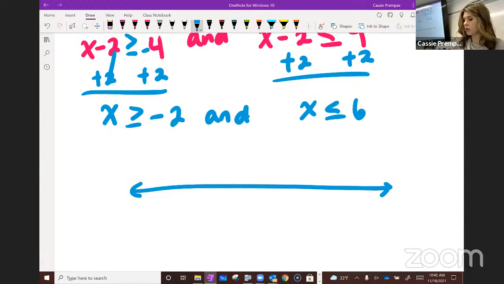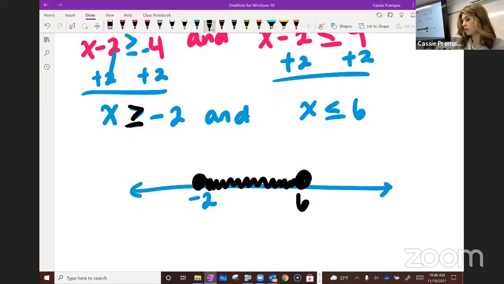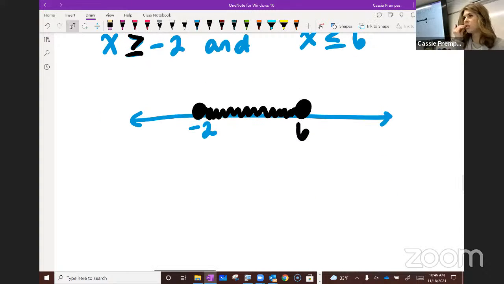Am I going to have a closed circle at -2 or an open circle? Closed. Am I going to be shading to the right of -2 or the left? It's pointing in the direction to the right. And where do I stop? 6. Should I have a closed circle or an open circle? Closed.